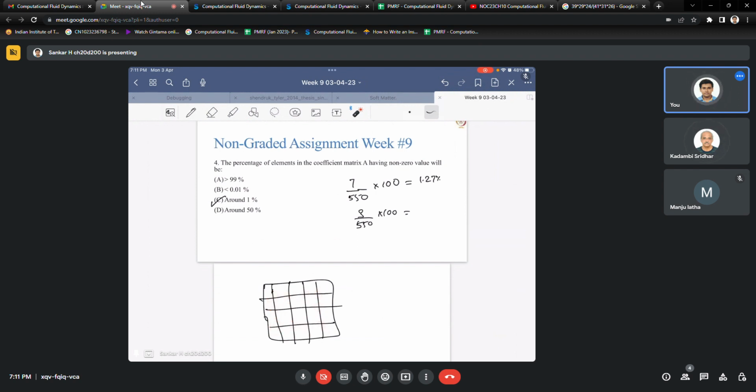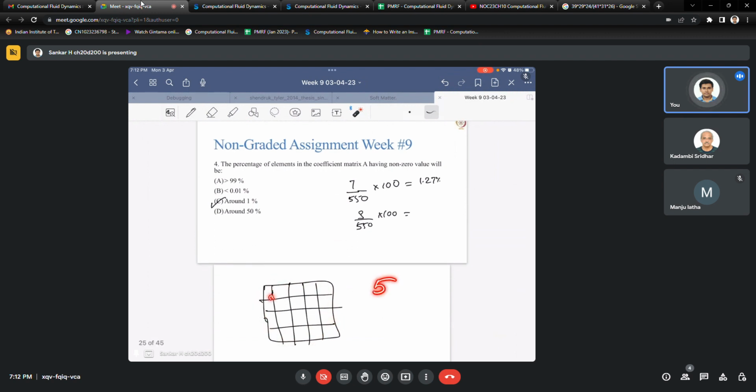These 10 points will consider the boundary points associated with that, and thereby will have less than 7. It will have 5 if you are considering these points, we'll have 3 if we are considering these points, and we'll have 7 if we are considering these 2 points over here. Okay.